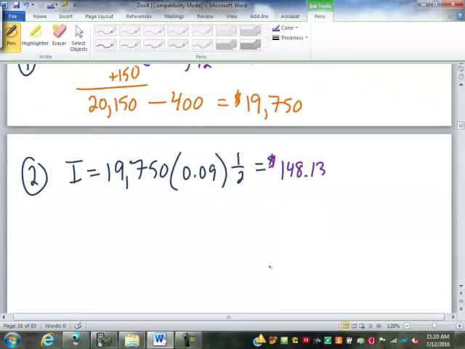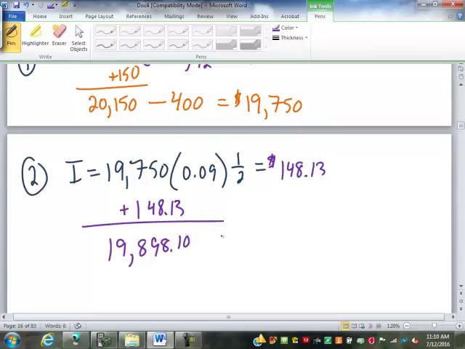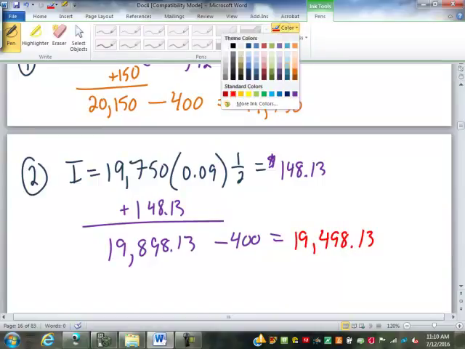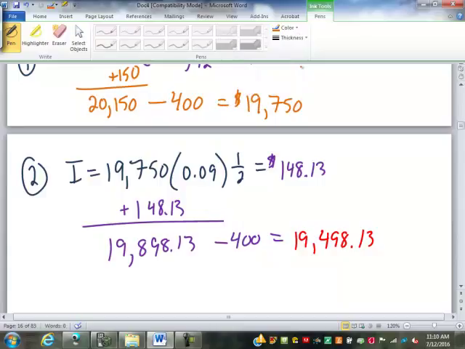So again, that is added on before they subtract your payment of $400. So your balance is now $19,498.13. I thought this would be 12. I put 12 in the calculator. It should be 1 out of 12. You're right.